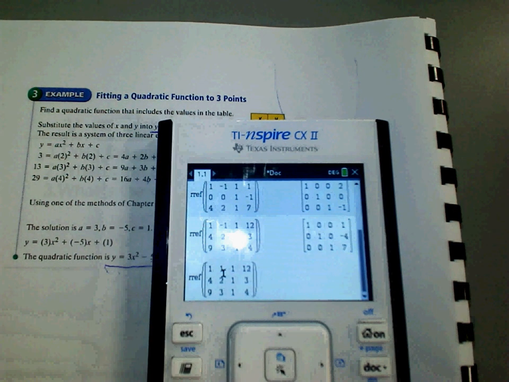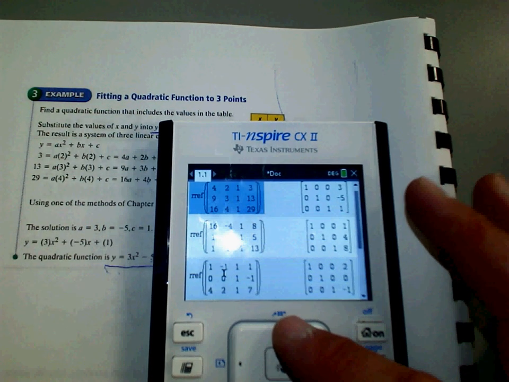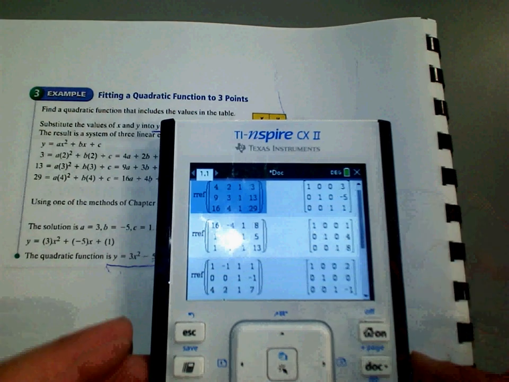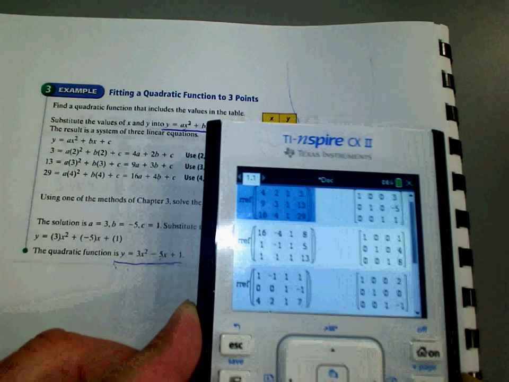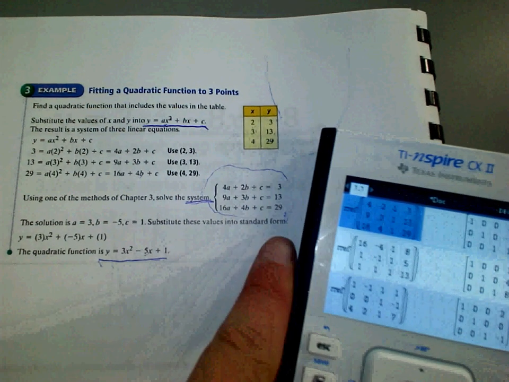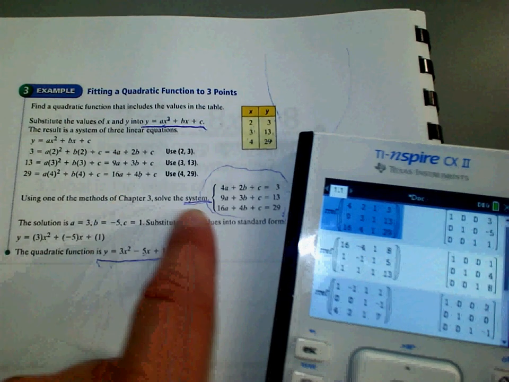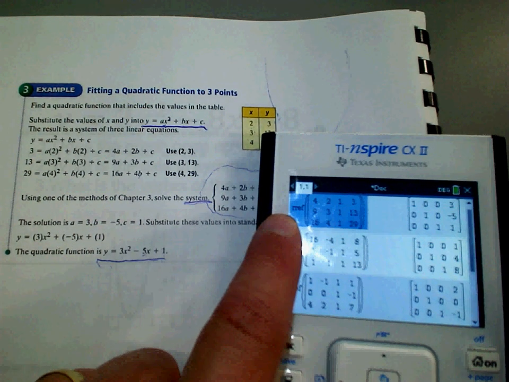I did that a lot this morning with different problems. The first one, they already did it. They solved this system. Here it just says use one of the methods of chapter 3. Well, we're using that method, RREF.